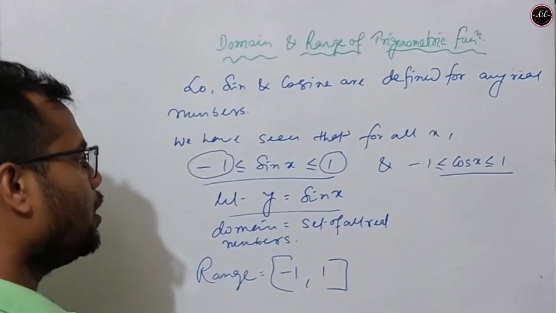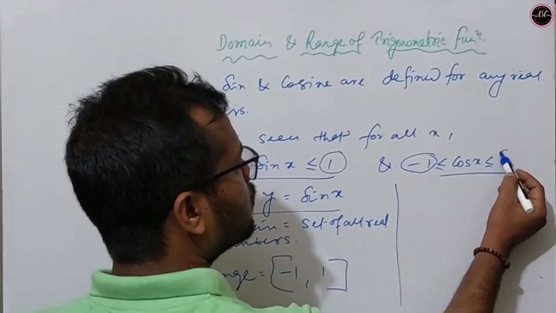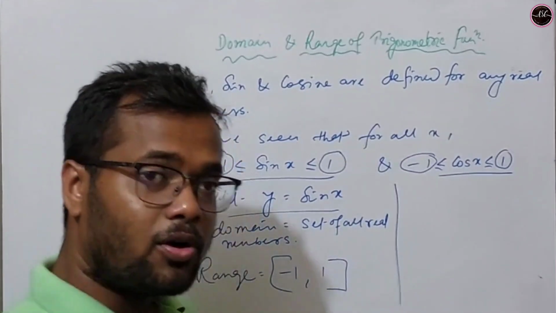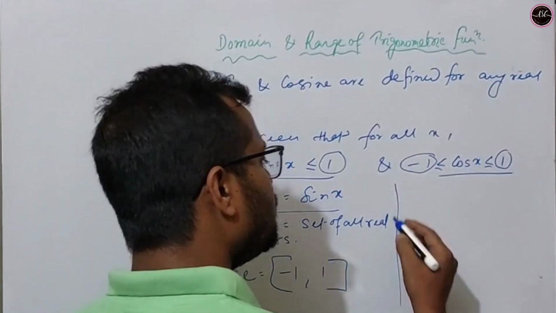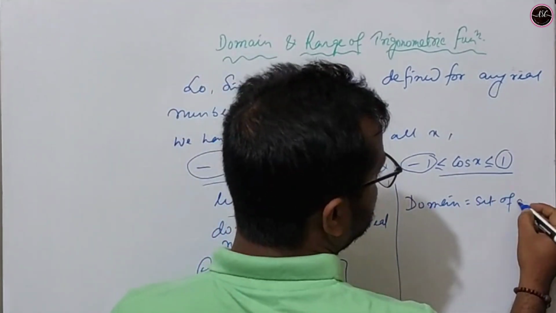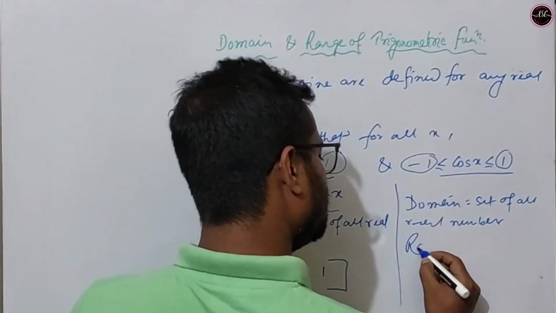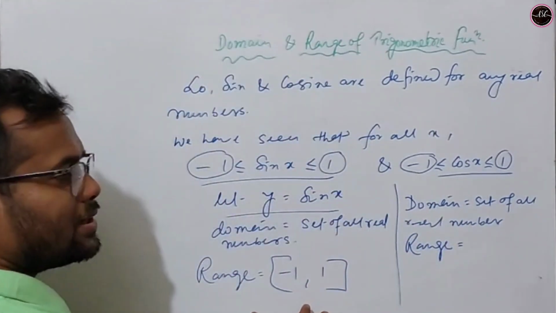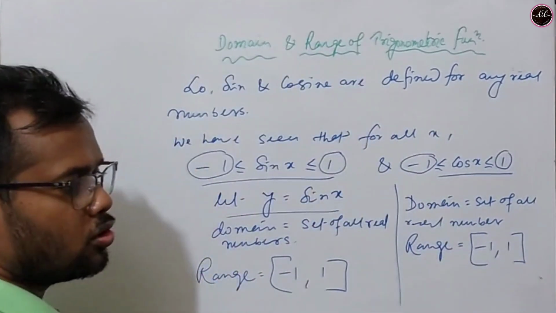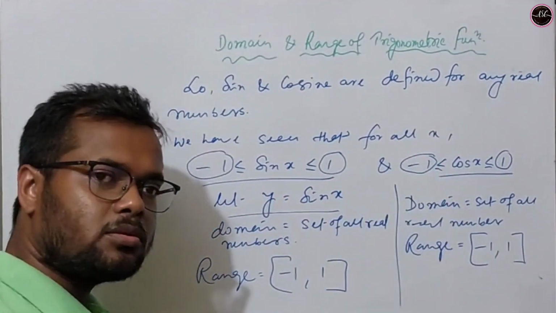Similarly for cos x, we have minus 1 to plus 1, so the range will be minus 1 to plus 1, and cos x is defined for all real numbers, so the domain will be the set of all real numbers, and the range will be the same as sin x, minus 1 comma 1. Clear? Very easy.